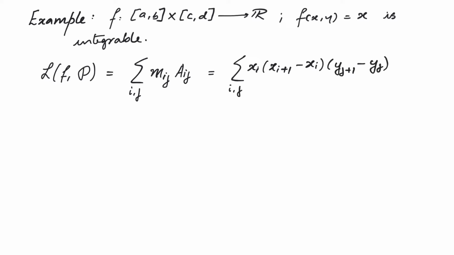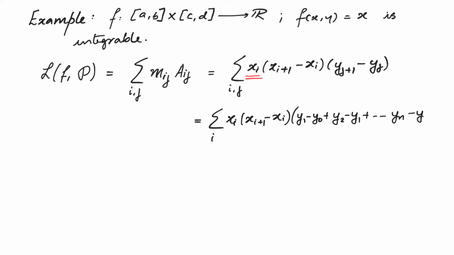Now notice that all the coefficients of y_(j+1) minus y_j will look alike because M_ij does not depend on j. Therefore, we can collect all those terms and sum them together. Therefore, we can simplify this and write this as summation over i of x_i into (x_(i+1) minus x_i) into (y1 minus y0 plus y2 minus y1 plus etc. up to yn minus y(n-1)).